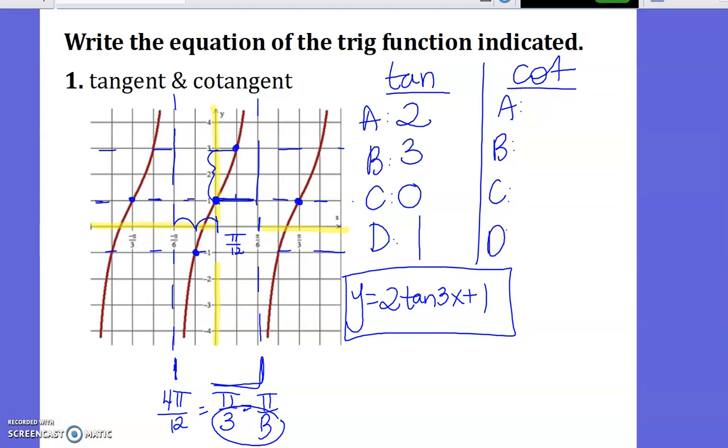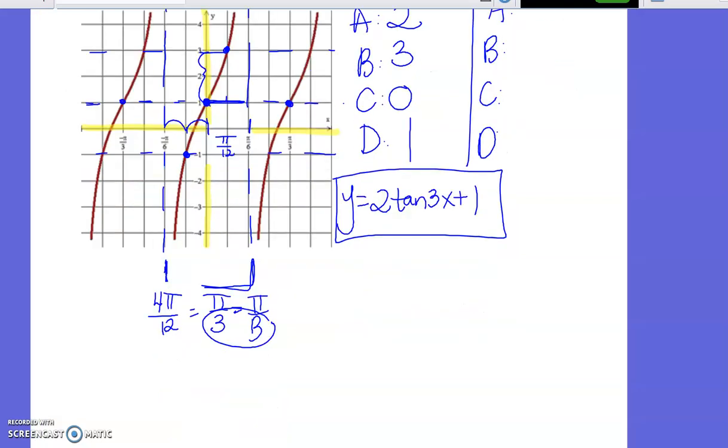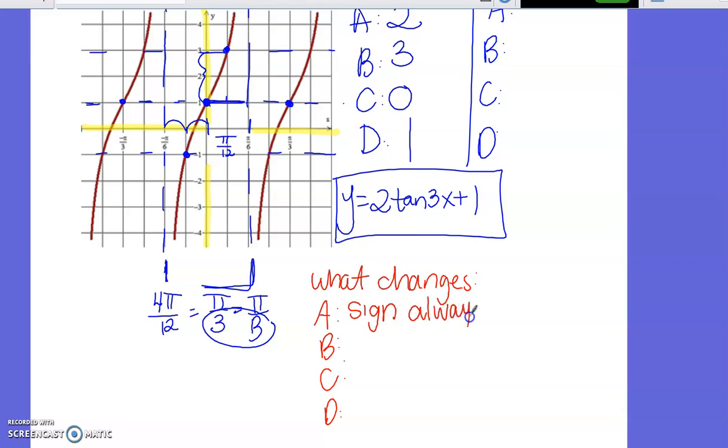So let's list out A, B, C, and D. The sign always changes on A. The period never changes, just like with the sine and cos graph and secant and cosecant, so you only have to find that once.